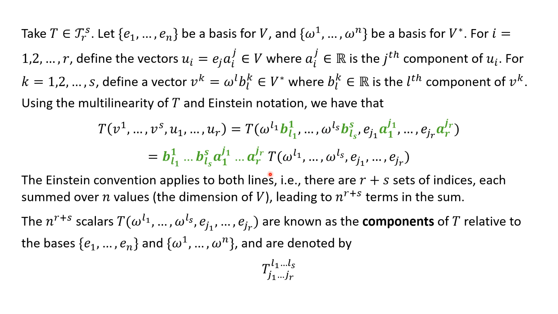And again, the Einstein notation applies here, summation here, here, all the ones in between. Same thing for the elements from V, the U1, the UR. So these are all summations. And then when you move the coefficients out, you still have the summations remaining. So you have a summation here over L1, L2, Ls, and so on.